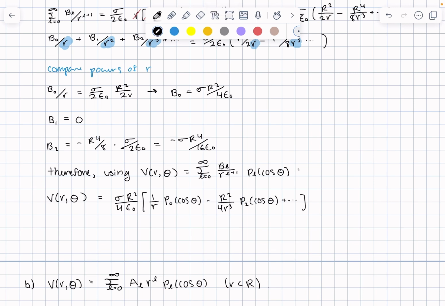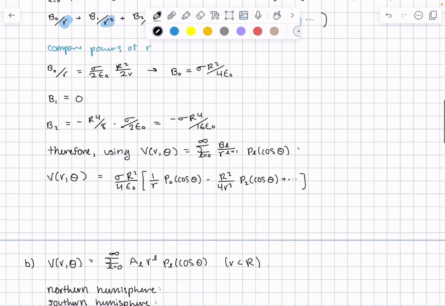And so then we can also just rewrite that. We can say then that our potential for any r and theta is equal to, we can factor out 1 over little r, sigma R squared over 4 little r epsilon naught, times 1 minus, because P0 of cos theta is 1, right?